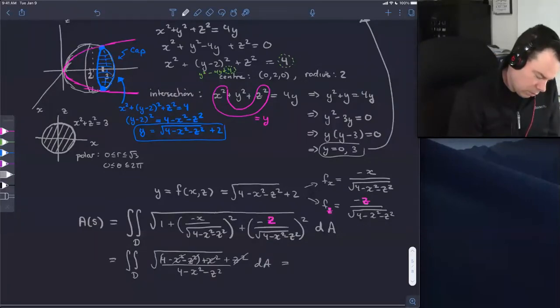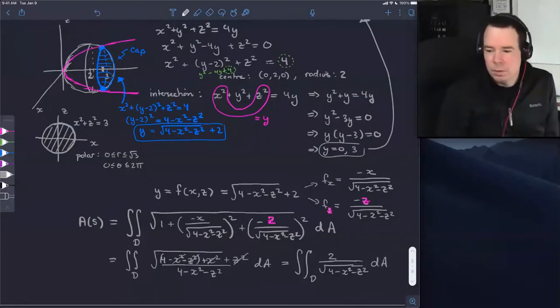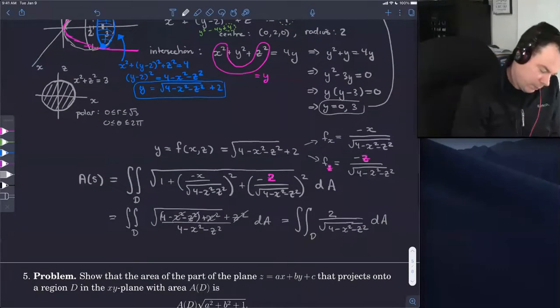And so our integral then becomes the integral over D of 2 over the square root of 4 minus x squared minus z squared dA. So that's our integral now.